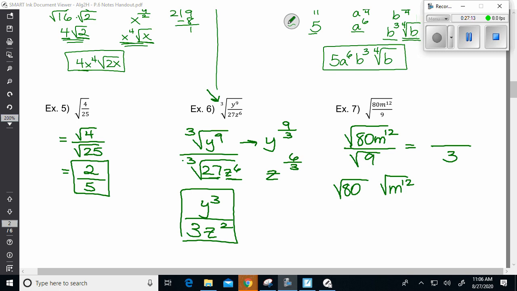So for the number 80, 80 is not a perfect square. So we need two numbers that multiply to 80, one of them being the perfect square. So 4 times 20 would work. You'll have to do an extra step. But the two numbers that you could use and get it taken care of quicker, 16 and 5. 16 is the biggest perfect square. 20 is not a perfect square.